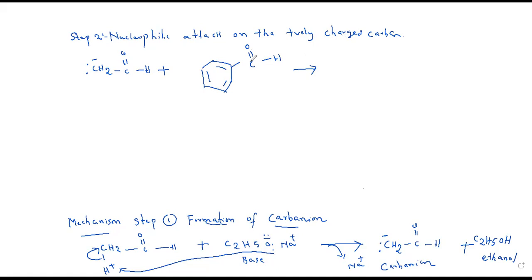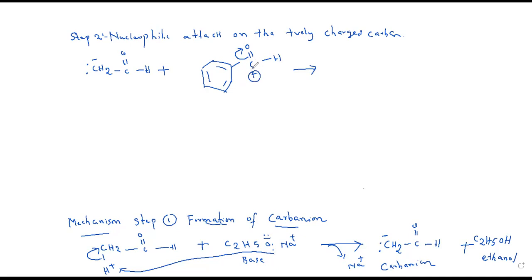It's very simple. If you compare the electronegativity between carbon and oxygen, oxygen is more electronegative. Therefore, these pi electrons will move towards the oxygen atom and this carbon will get a positive charge.